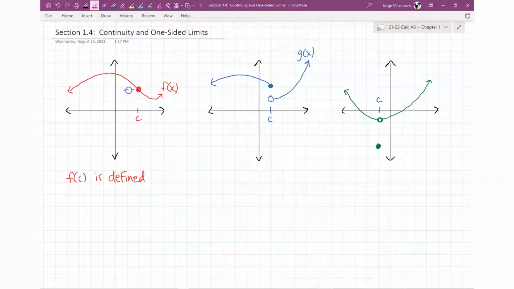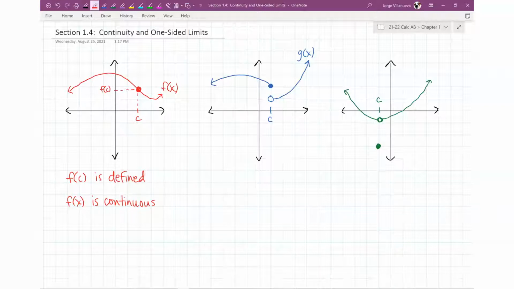Okay, and if you wanted to find that answer, it would be right there. That would be our f of c, right? So f of c is defined, and you'll also notice that f of x is continuous. There are no gaps or anything like that. Okay, so f of x is continuous.